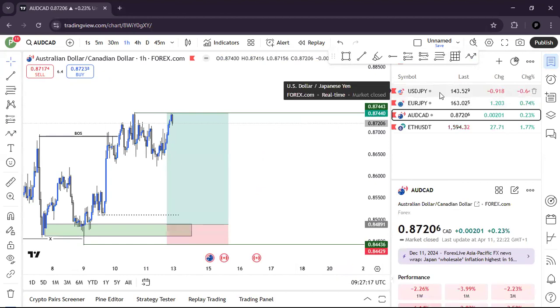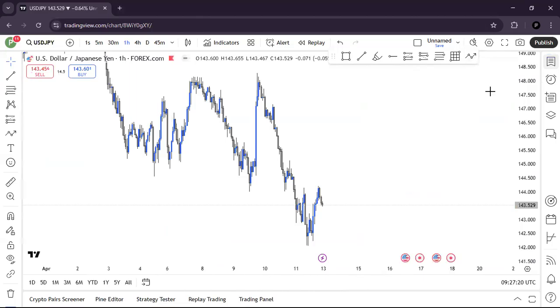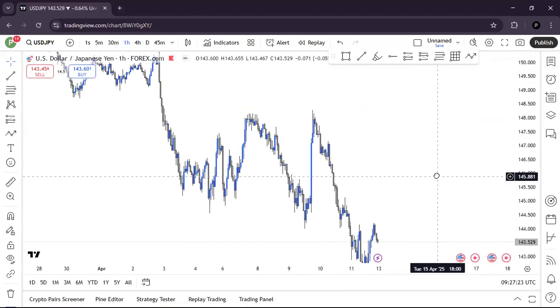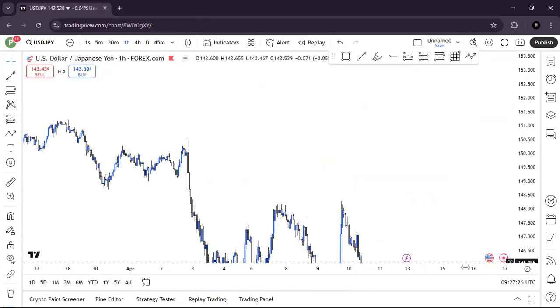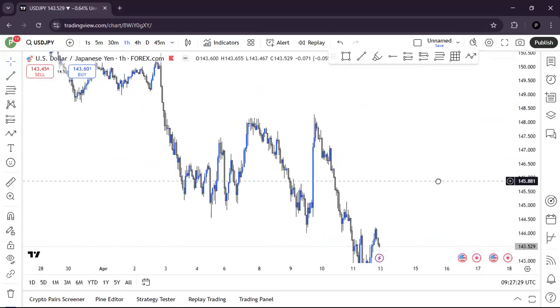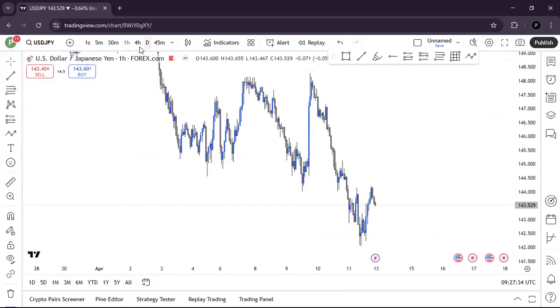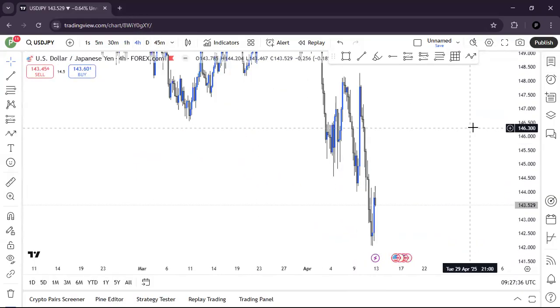I think, was it the strategy I used for USD JPY? Let me see. I think it was the same strategy I used for USD JPY. Where did I do it? I think I did it on USD JPY. Let me see. Fast time frame.